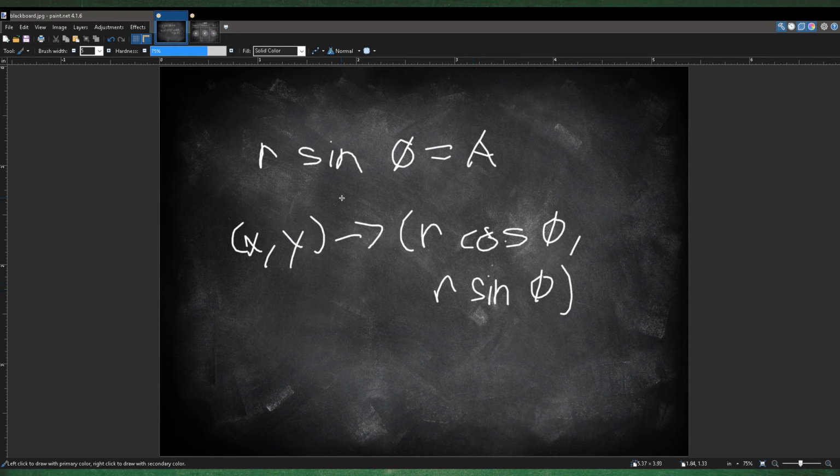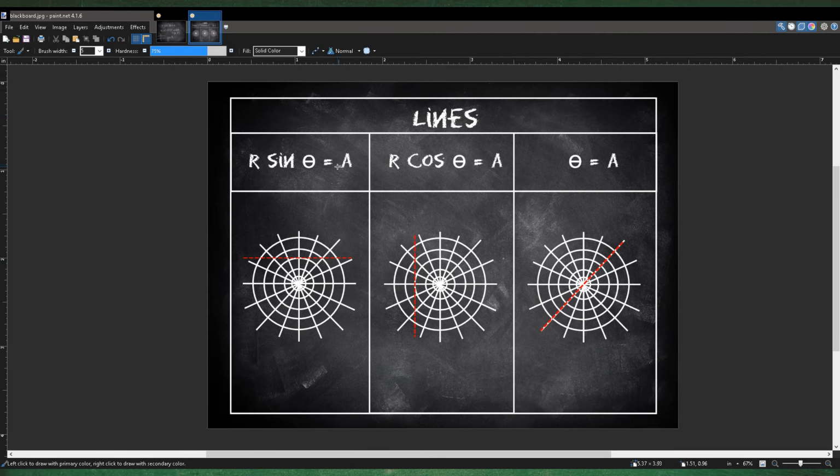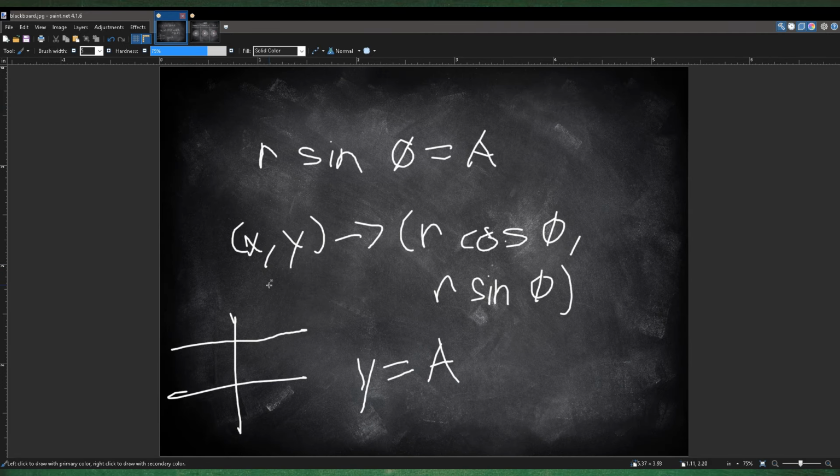So if r sine of theta is equal to y, then y is equal to a. In the regular graph, that would just look like a horizontal line. That's how you remember the line.